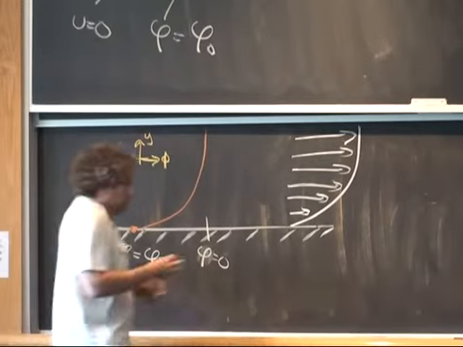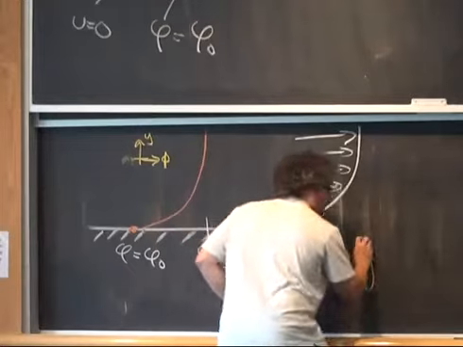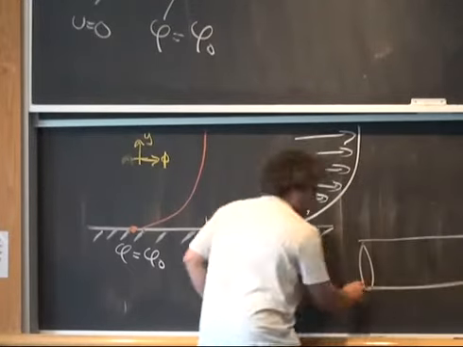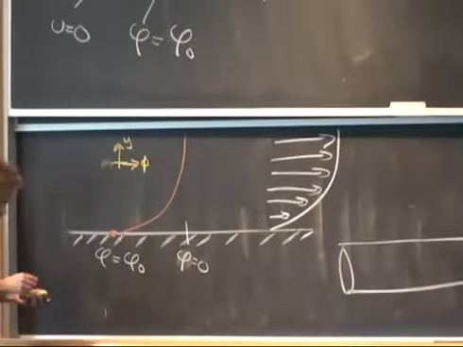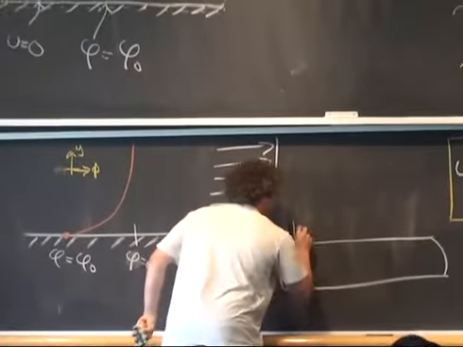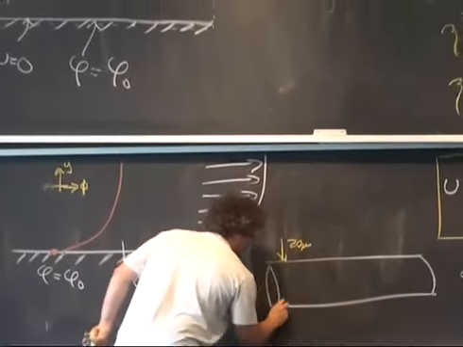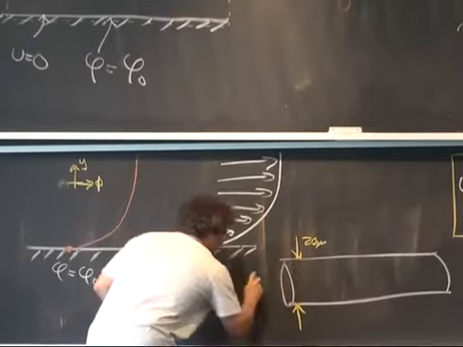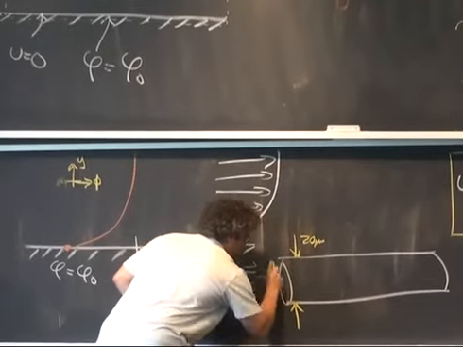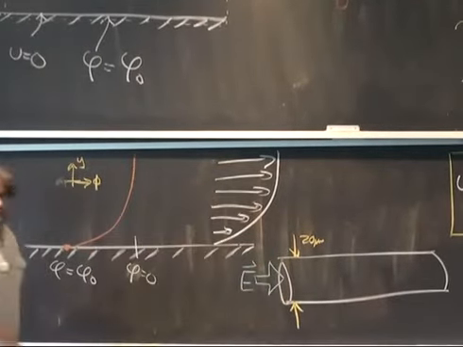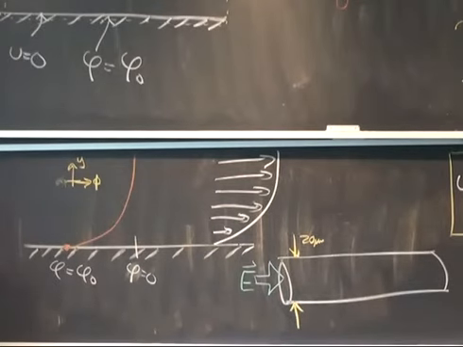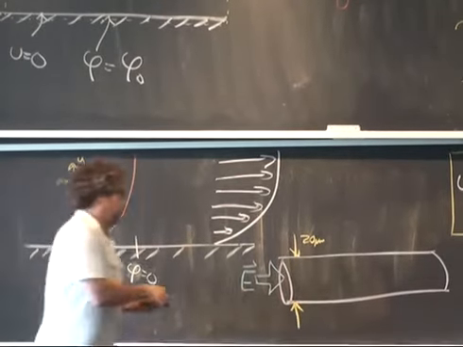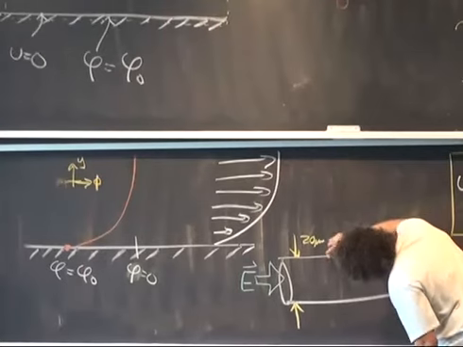And so if I zoom out, and I just think, well, what if I have a tube, and what if its diameter is 20 microns, and I apply an electric field? If I graph out the velocity distribution in this tube, I will get something that looks like this.